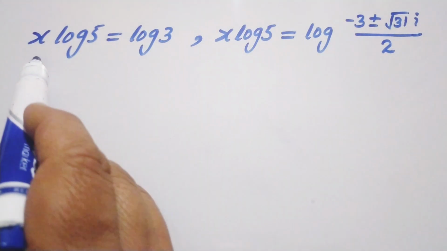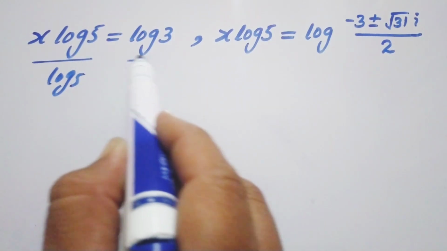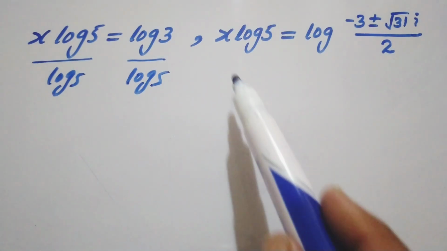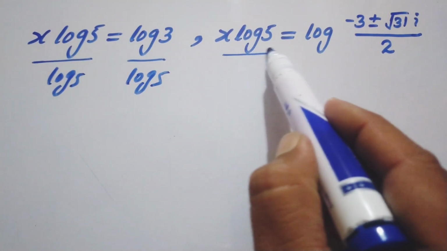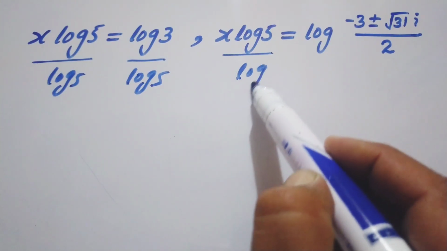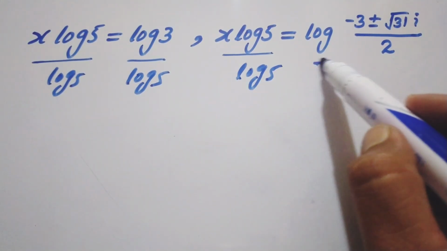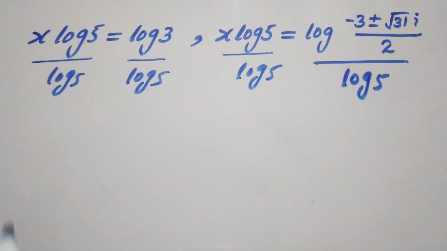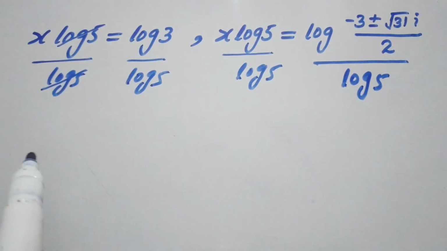Now dividing both sides by log 5. In this case, we will divide both sides also by log 5 because we are interested to find out the value of x. Now this log 5 from denominator and from numerator cancel out each other.